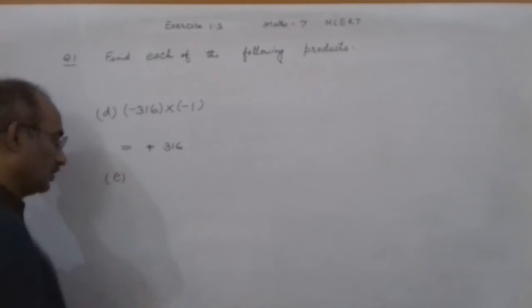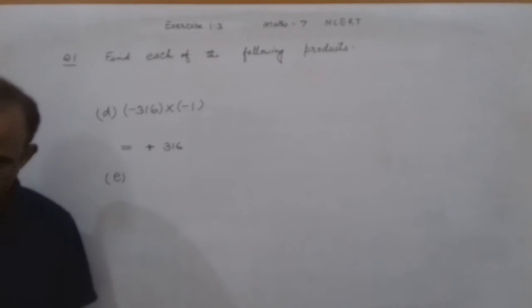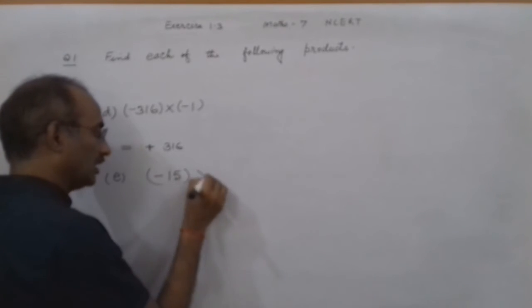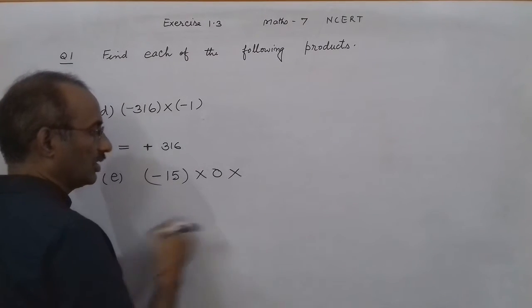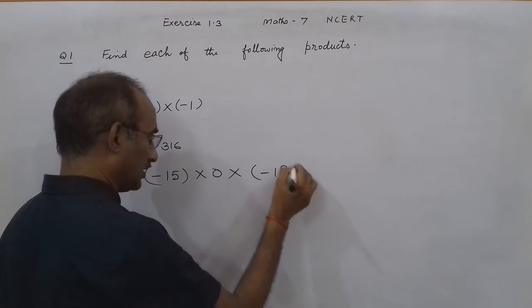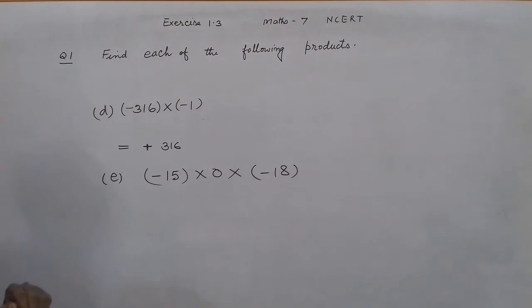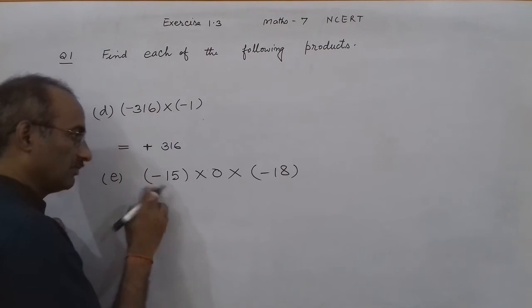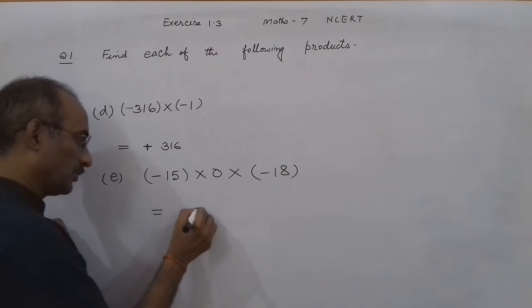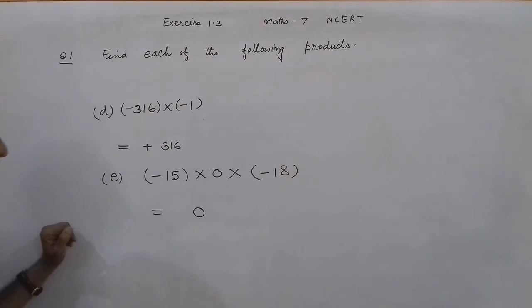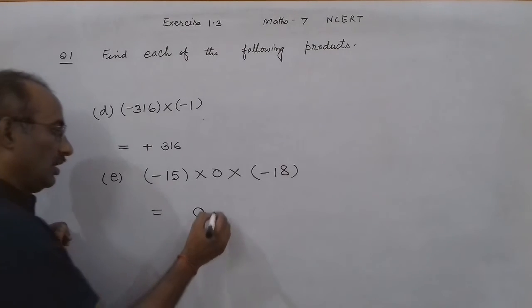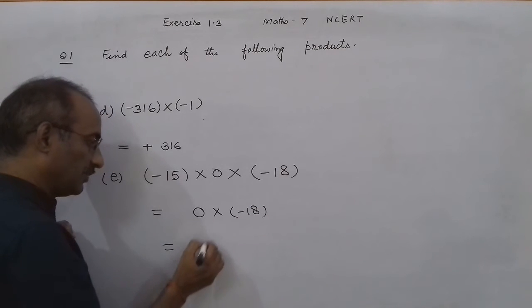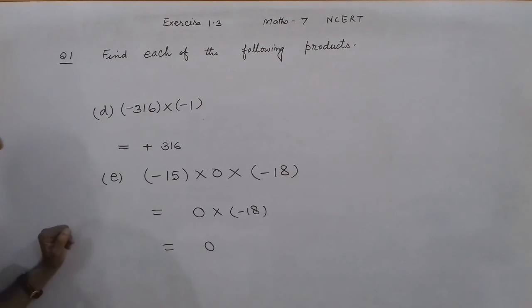Now the next question is minus 15 multiplied with 0 and multiplied with minus 18. When 0 is multiplied with minus 15, then we get the product 0. And if 0 is multiplied with minus 18, then we get 0.